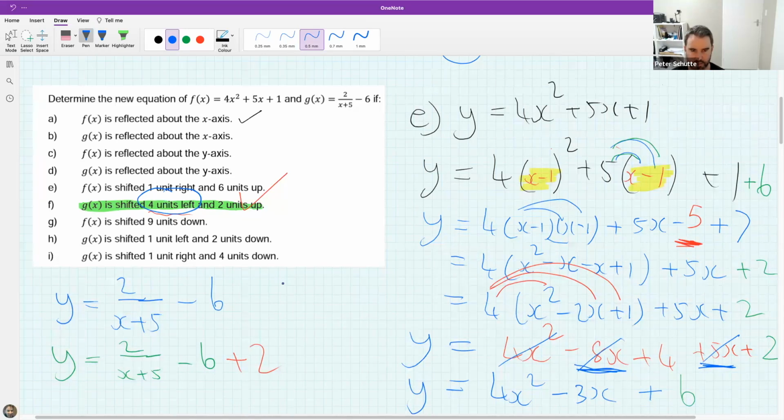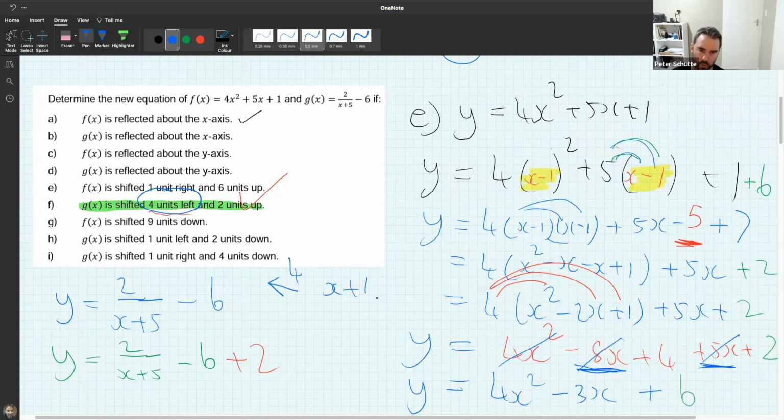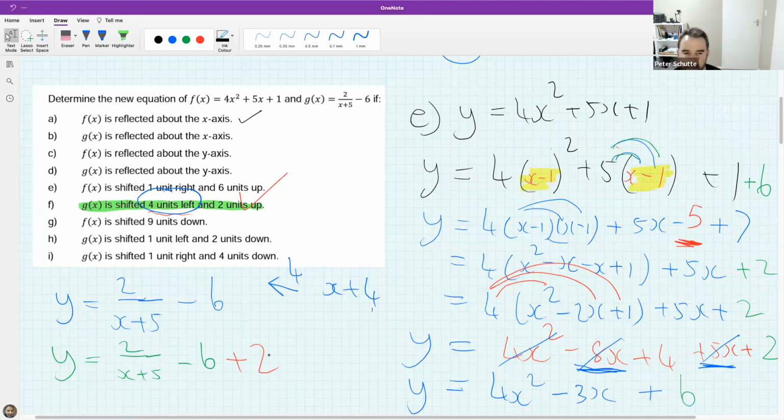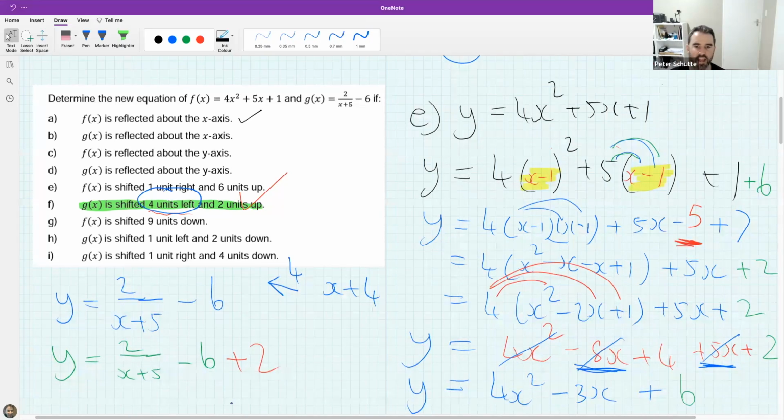I think that in order to move 4 units to the left, I'm going to have to add 4 to x, or add 4 to whatever x is at the moment. Well, let me just change this back. So if I'm moving to the left, left is normally negative, so then I have to add 4 to x to help me.